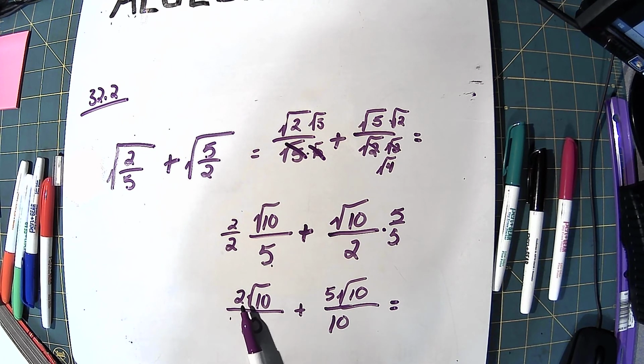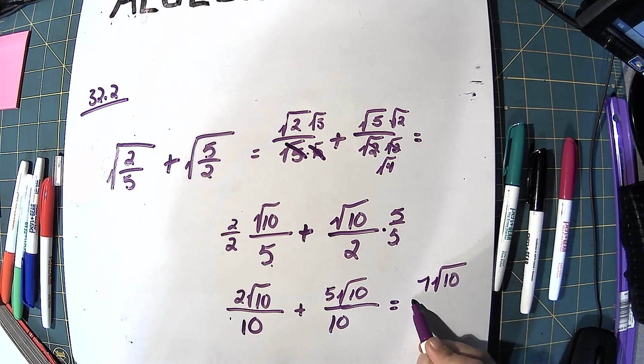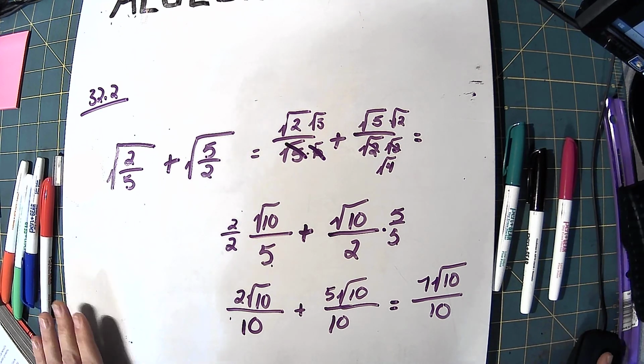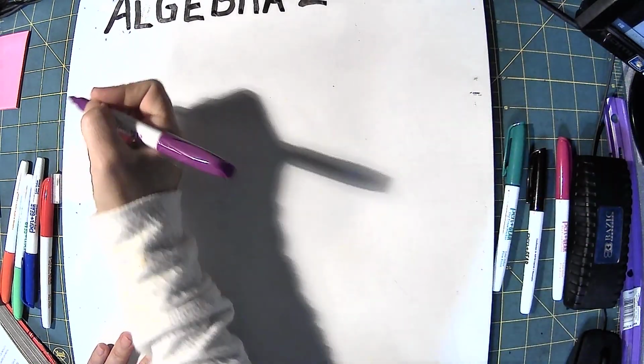So we can say 2 times the square root of 10 plus 5 times the square root of 10. Basically these are like terms, and we're going to end up with 7 times the square root of 10 over 10. So that's the answer to that one. Alright, let me do another one. 32.3.